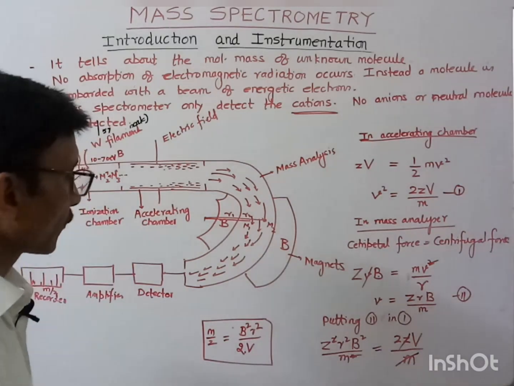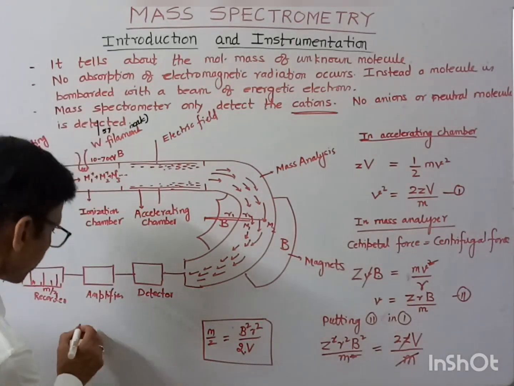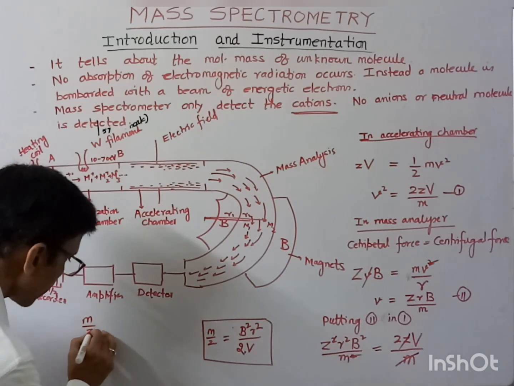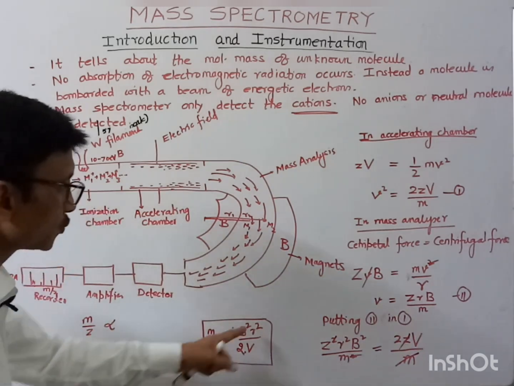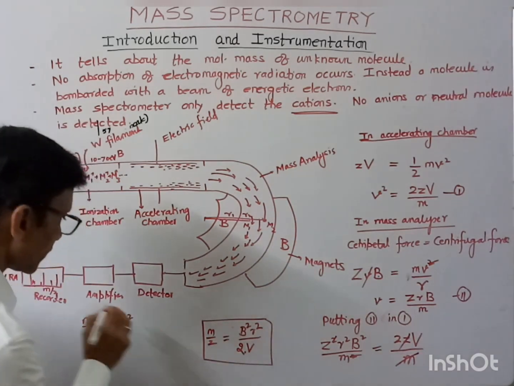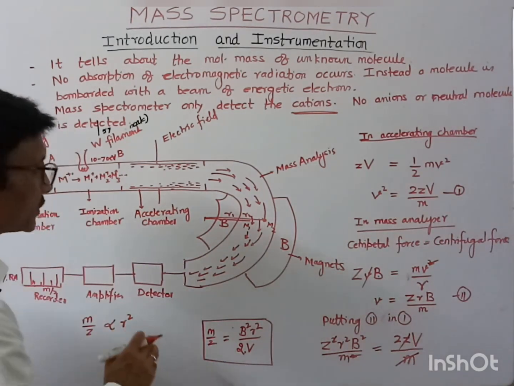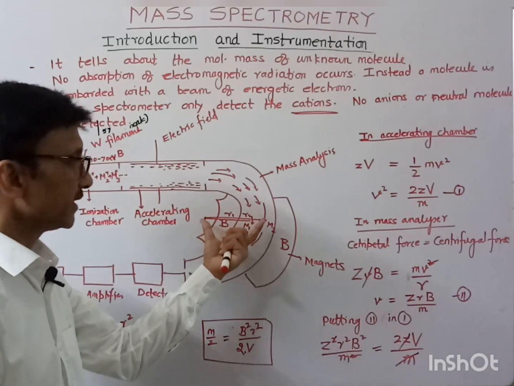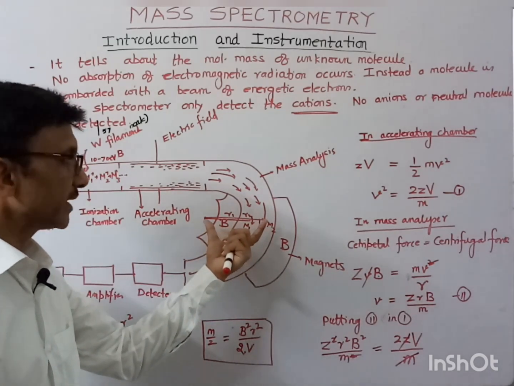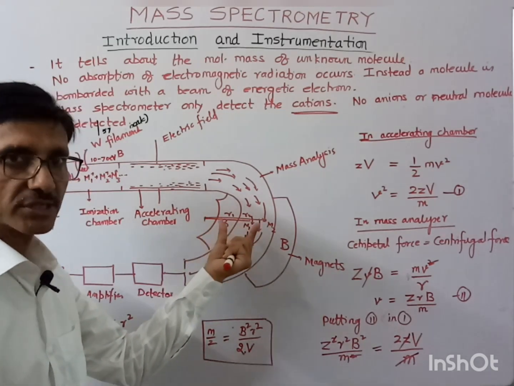Now from here what can we see? We can see that M by Z is directly proportional to R square. If the radius is more, then deflection is less. If the radius is less, deflection is more.